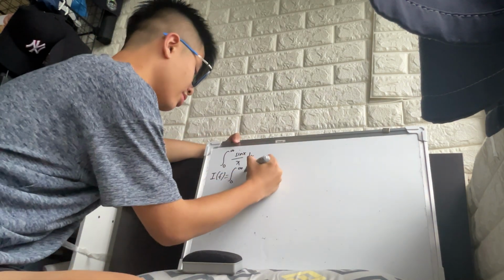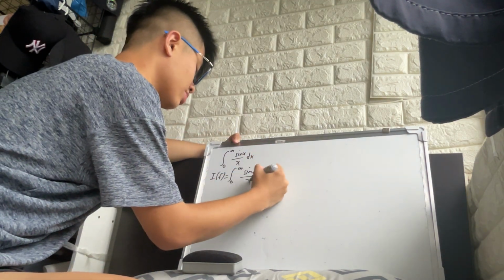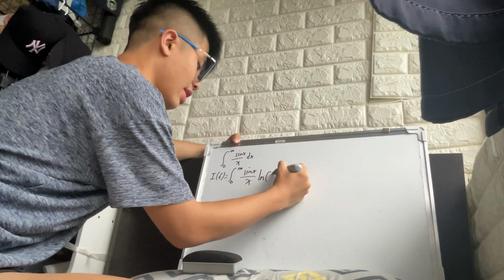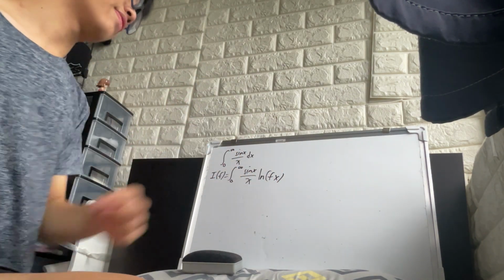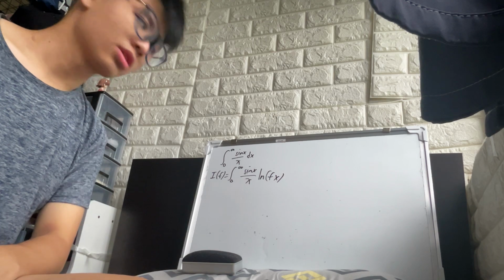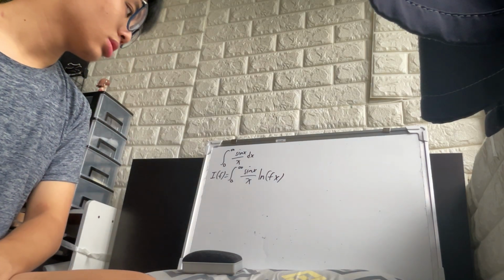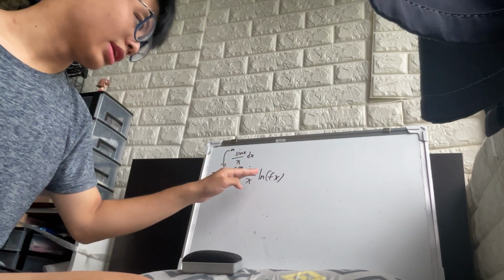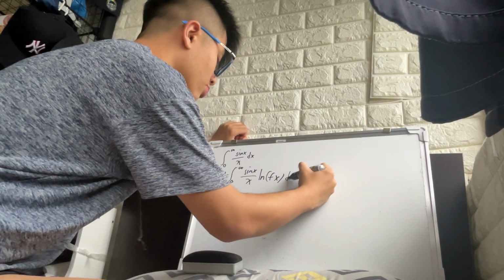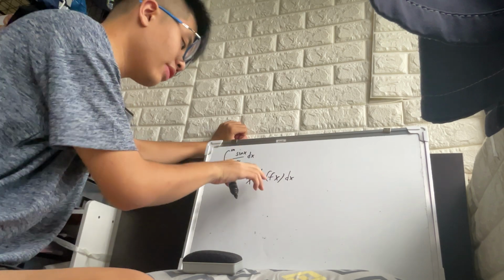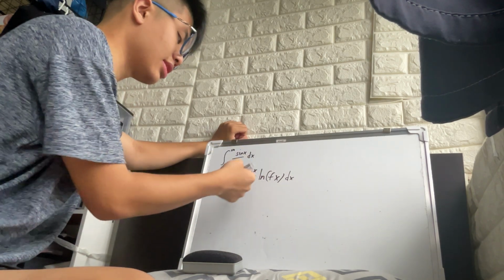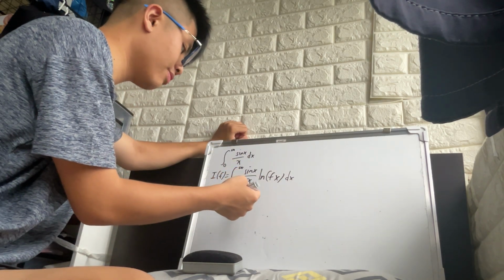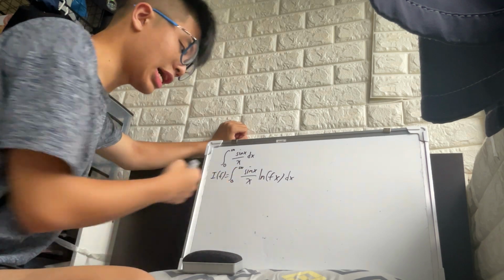First, I'm going to choose ln of fx, but ln of fx is not a good choice, because after we integrate it, even if we consider this function can be integrated, however, you're gonna have to figure out what the constant is.